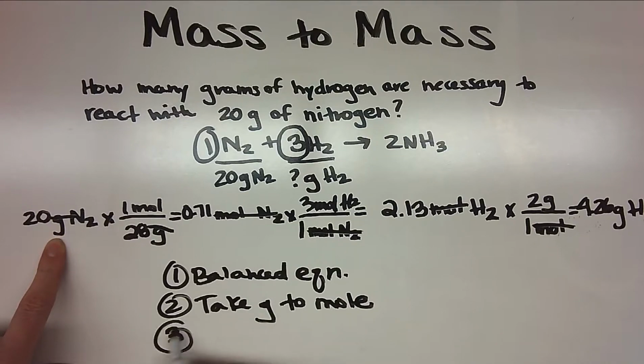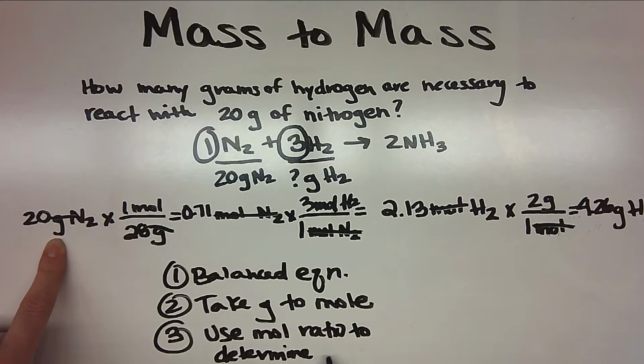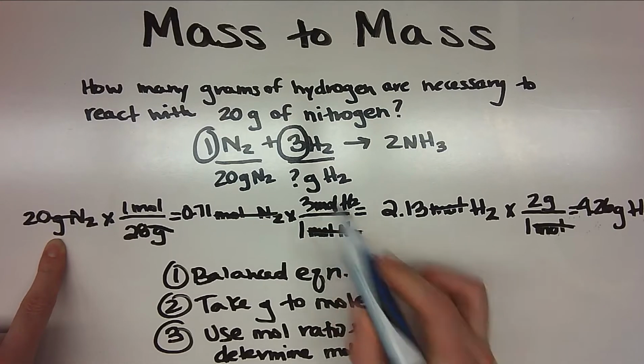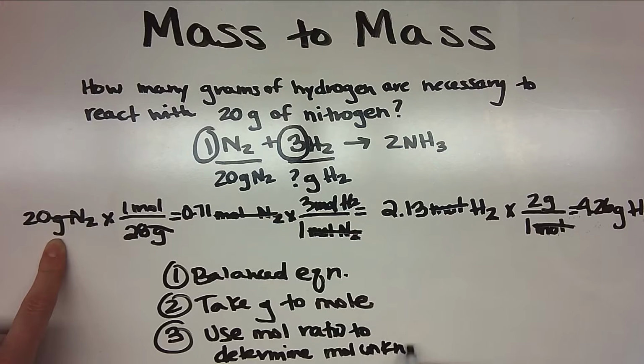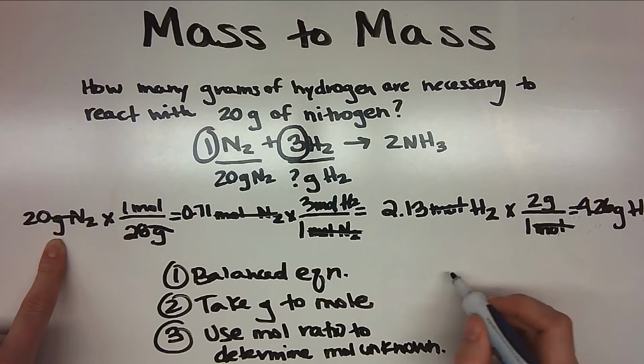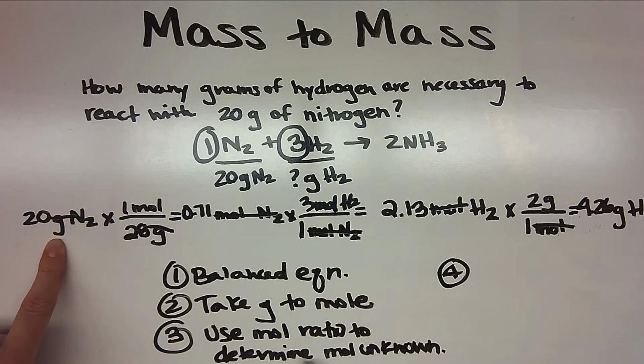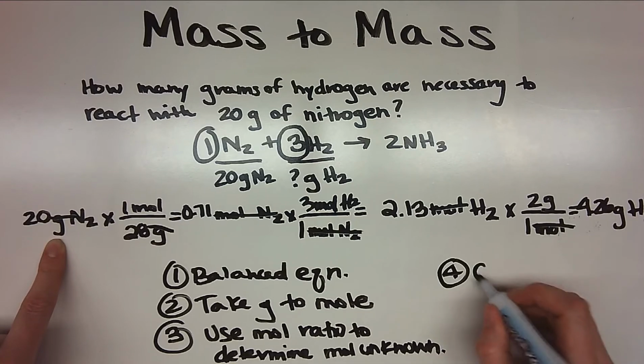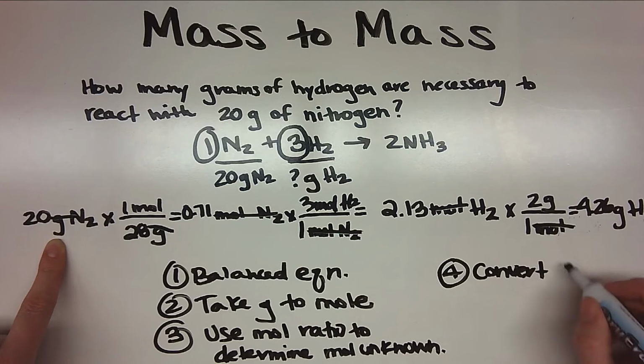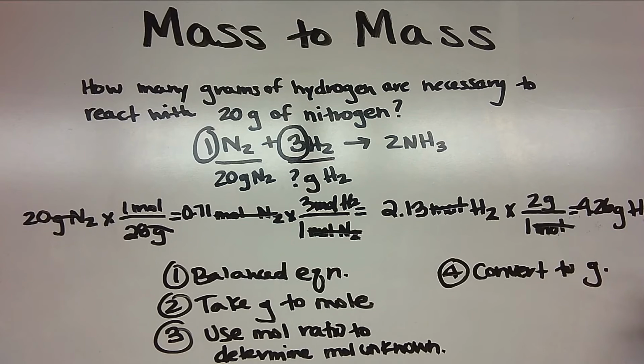Your third step, you're going to use that mole ratio, or the coefficients, to determine mole of your unknown, or what you're looking for. Once you have mole of your unknown, you're going to convert to grams using molar mass. So we're still having to use those same conversion factors from the last unit.